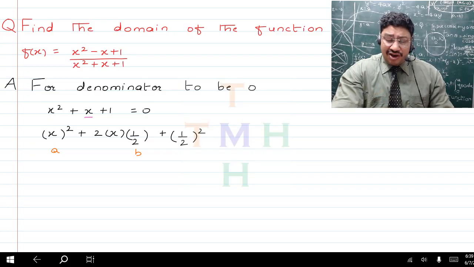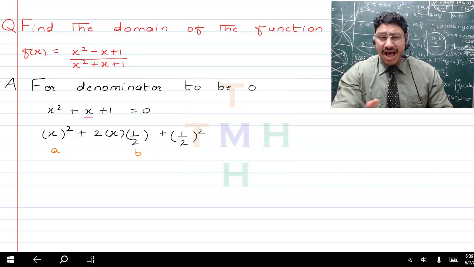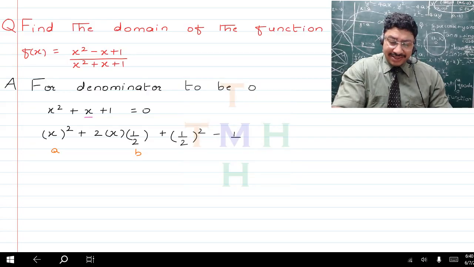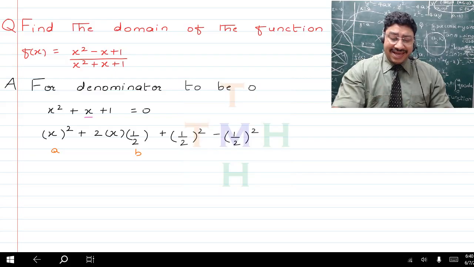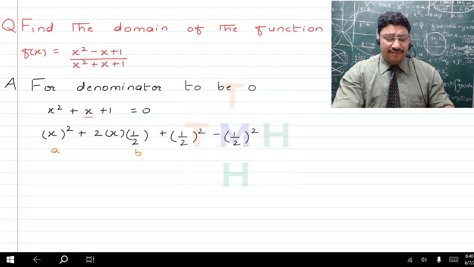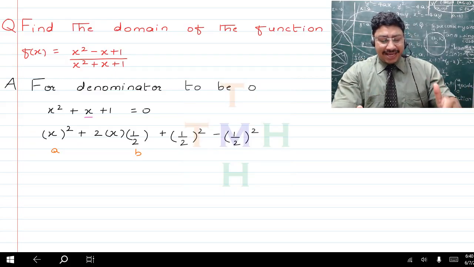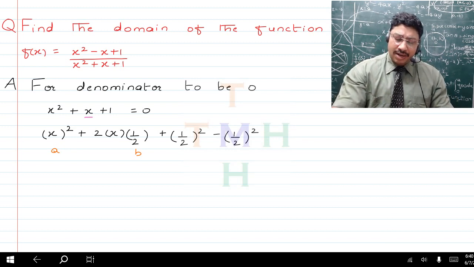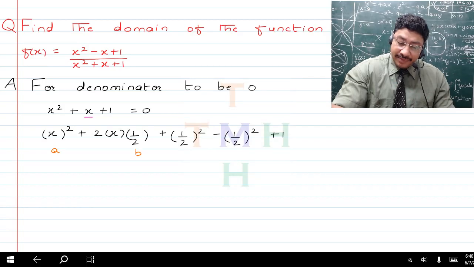And as we have written this 1 upon 2 whole square, which was not there, we also require to subtract it and make it minus 1 upon 2 whole square, so that both of these get cancelled, and we have what we originally had, that is x square plus x with us. Now remember children, there is also another plus 1 waiting for us, so we will write that here, right?